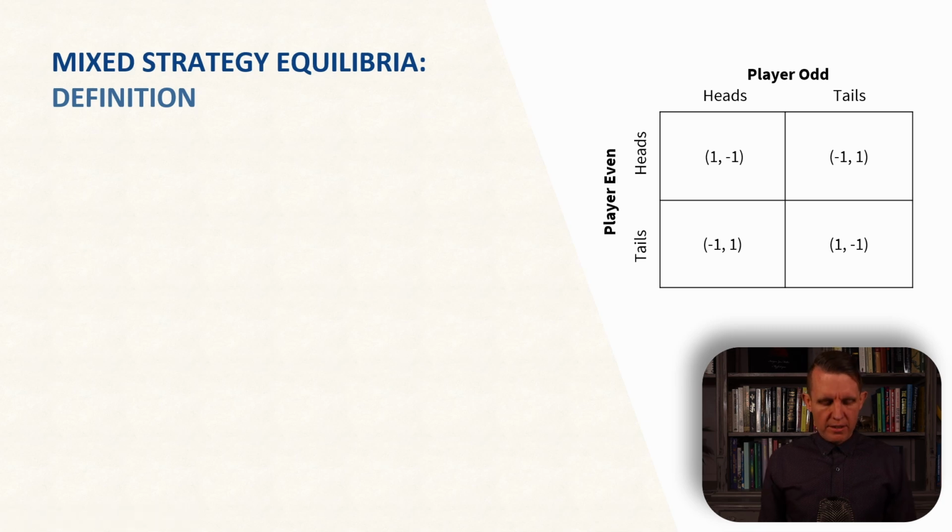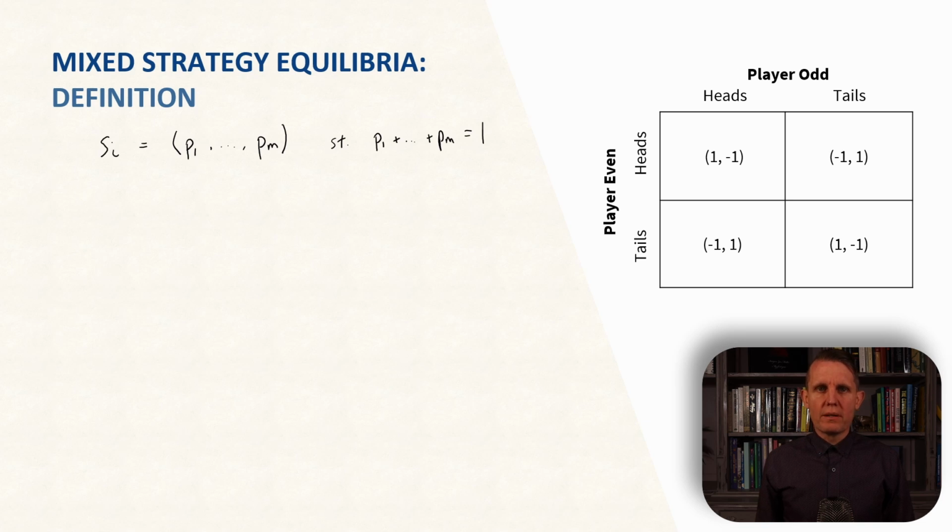A mixed strategy for an agent, which we'll call Si, is a vector of probabilities p1 to pm for each of the m actions that are available to that agent, such that the sum of all those probabilities equals 1. So therefore we have a probability for each pure strategy or each action that's available to an opponent.